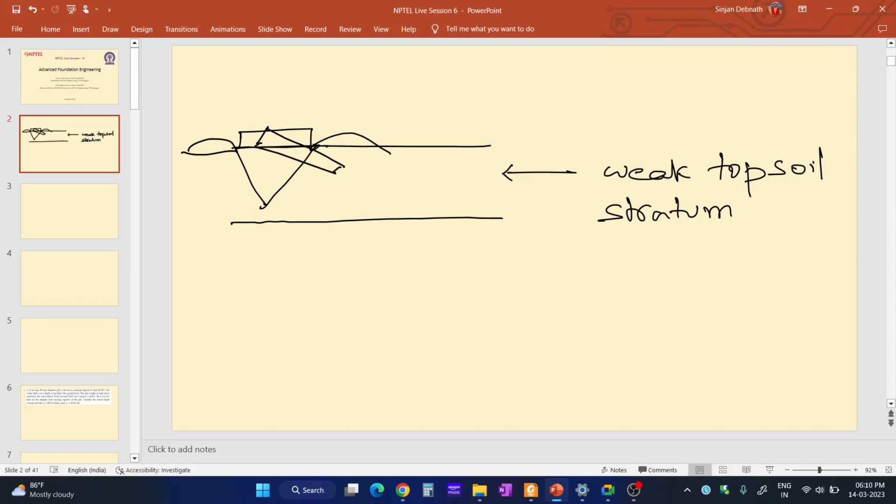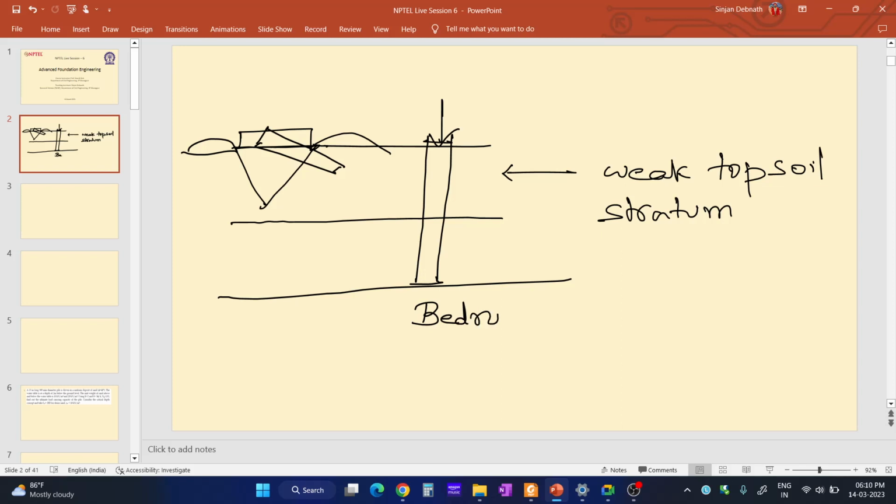In order to eradicate such problems, we construct pile foundations. We generally construct a pile foundation like this. Load is coming from above, and suppose this layer is a bedrock, and this pile is resting on the bedrock.